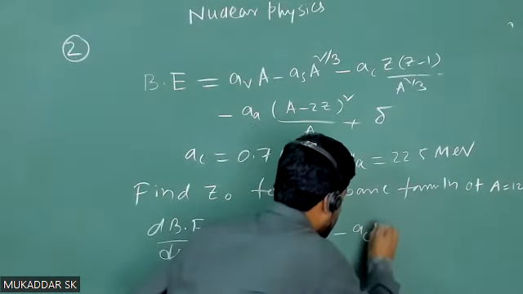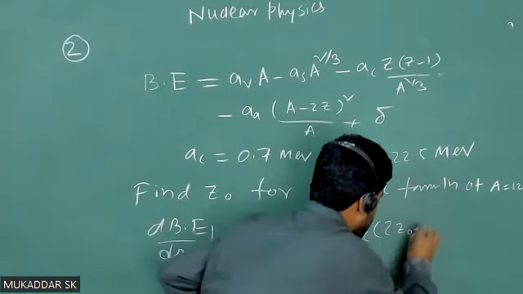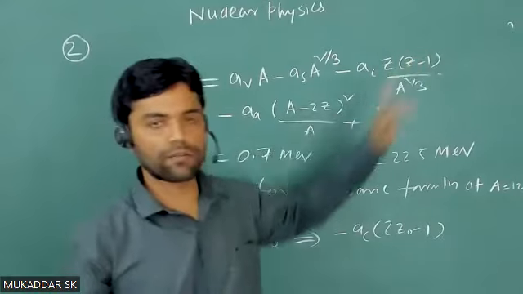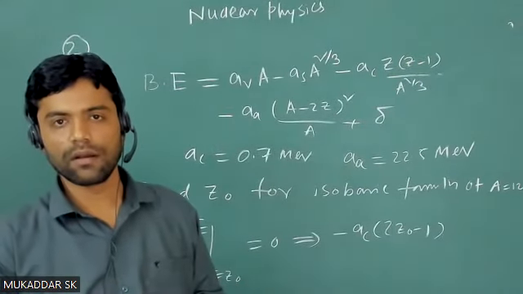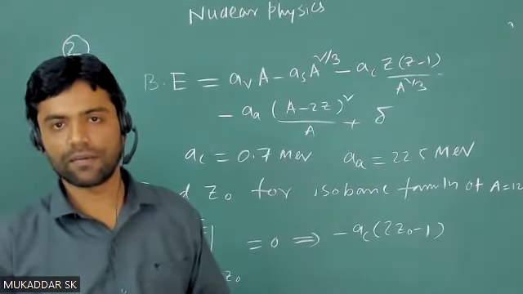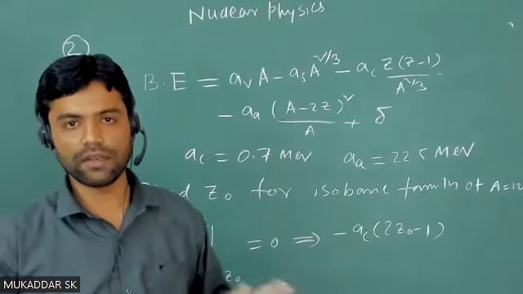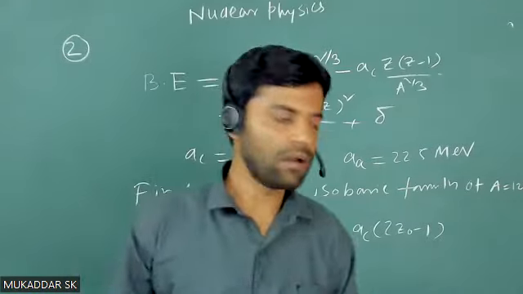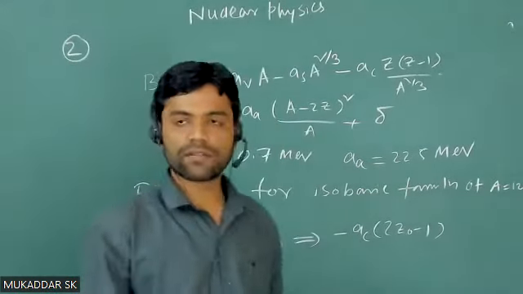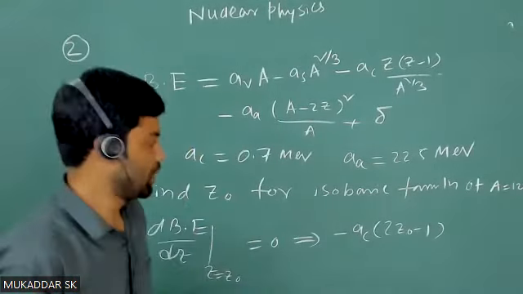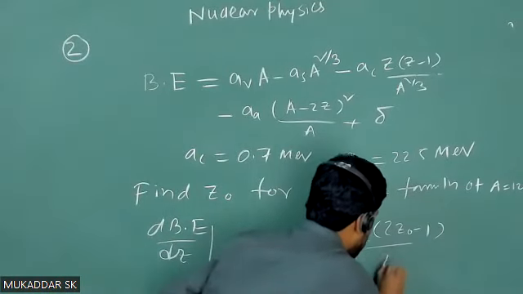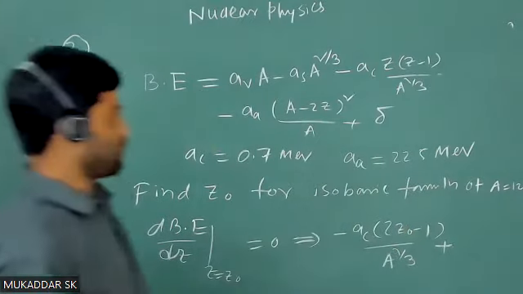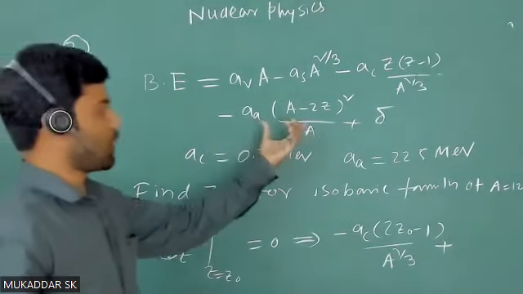So it will be AC into 2 Z naught minus 1. Why? Because I can keep this Z inside the bracket, so it will be Z square minus Z, and I'll differentiate separately. Z square gives 2Z, and Z gives 1, and I'm keeping in place of Z, that is Z naught, and of course there will be a division factor, that will be A to the power 1/3, and there will be no change in that fourth term.